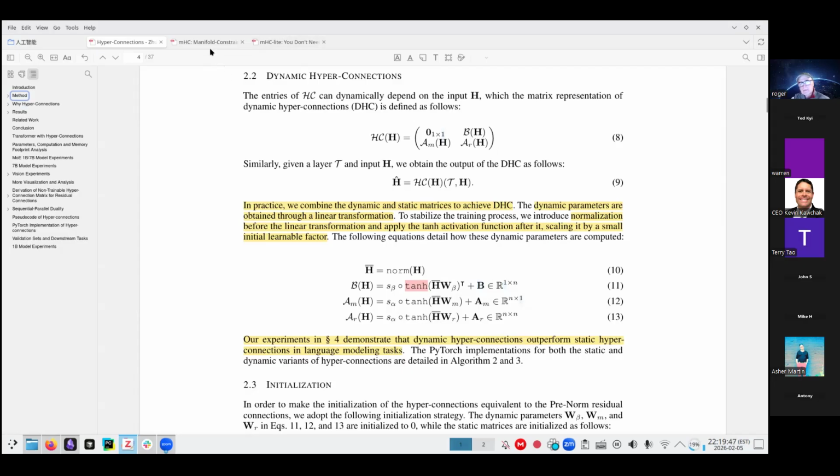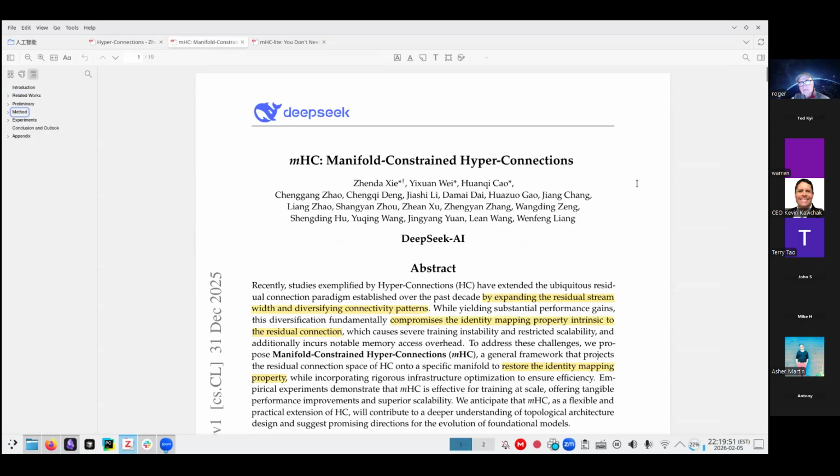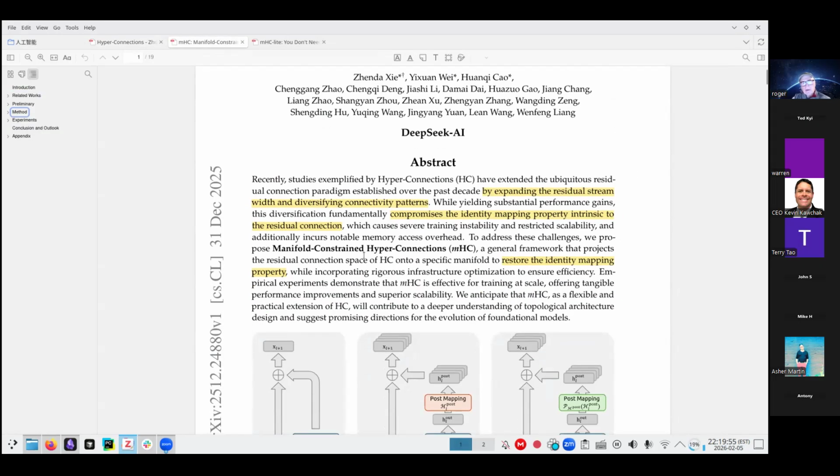Okay, so we can go to the second paper, which is from DeepSeek. They talk about hyperconnection, and they said that the problem with hyperconnection is it compromised the identity mapping property of the residual connection.